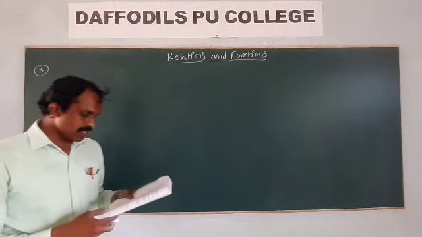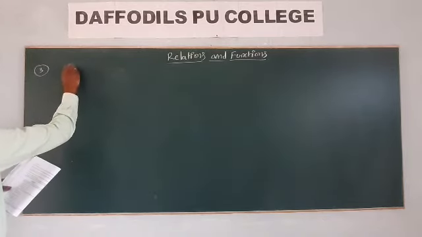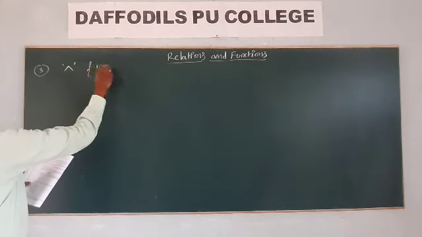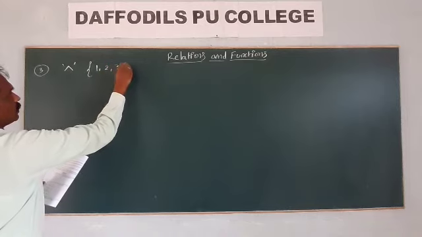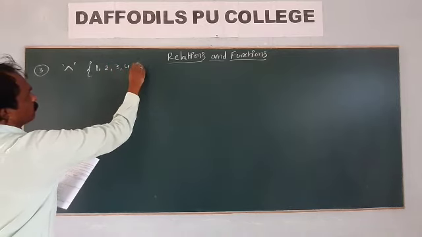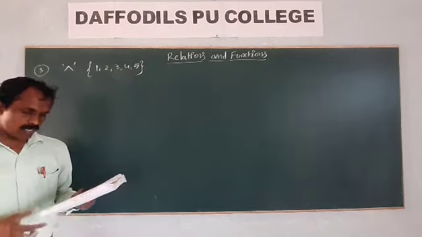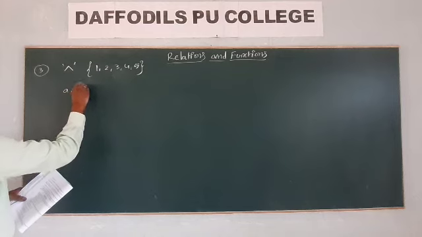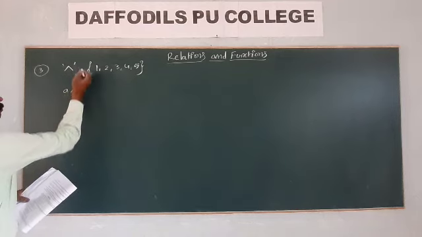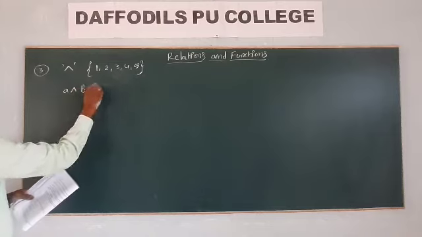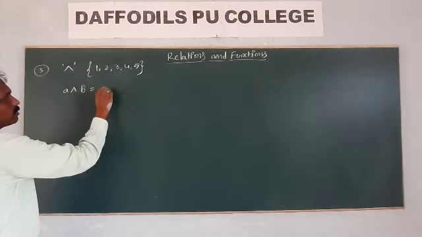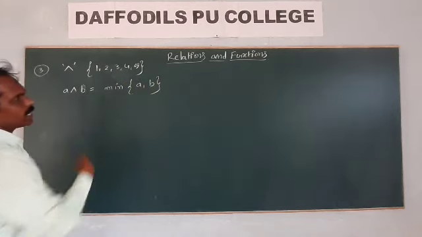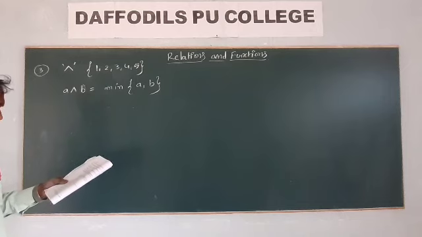Consider the binary operation given on the set 1, 2, 3, 4, 5, defined by a binary operation b is equal to the minimum of a comma b.